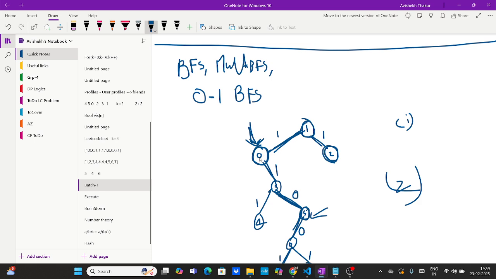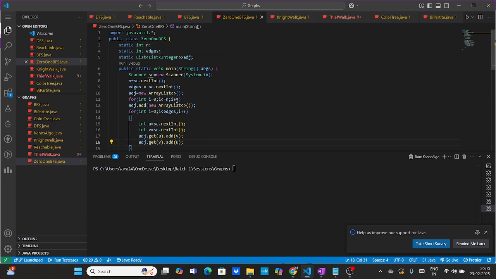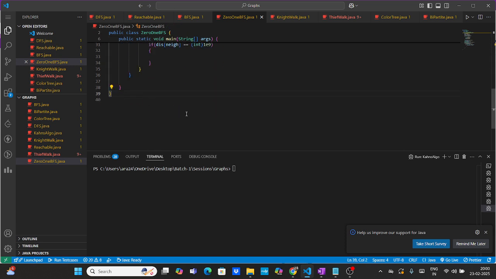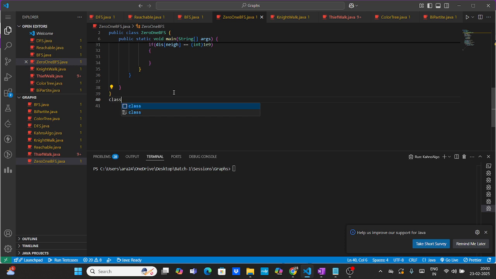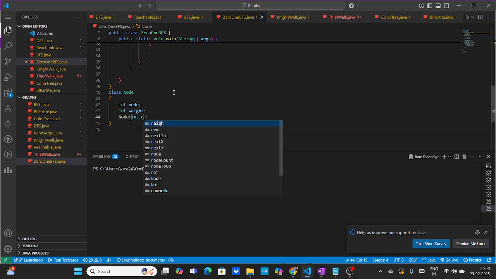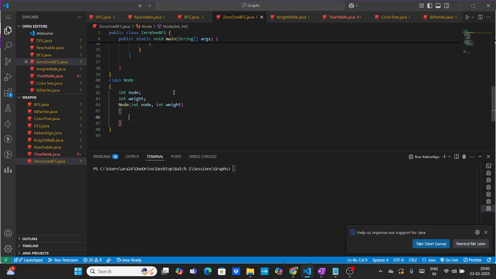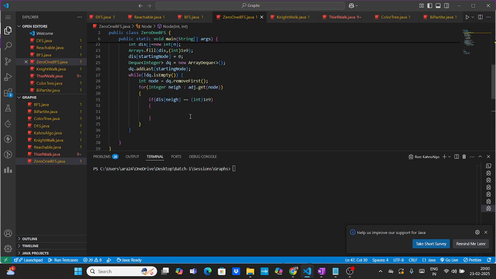What we took was 0 1 and made the edge, and 1 0, but we need the weight also, right? So we'll use our very famous class with int node and int weight. You found the v comma weight, right? Are we clear? Okay, we'll make the node.